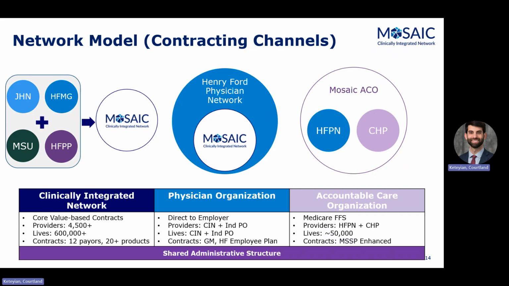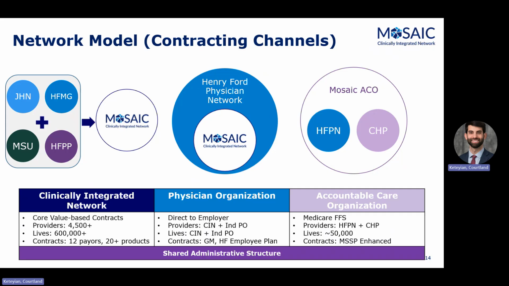And when I say entity, I'm literally talking about LLCs. So these are 3 different LLCs that are able to enter into contracting relationships with different payers on behalf of the physicians that are included in those networks. And so everybody who's in the Mosaic CIN is part of the HFPN, and the majority of HFPN is part of the Mosaic ACO, and the ACO is just for that Medicare cohort of patients.